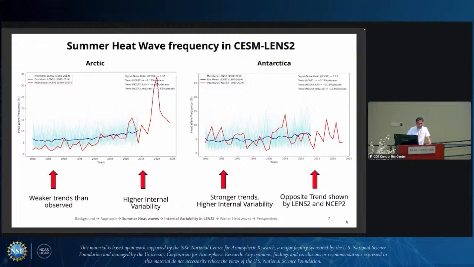For the Arctic summer heat wave trends, they're weaker in Lens 2 than observed based on the NCEP reanalysis 2. Over Antarctica, the trends are stronger, but with very high internal variability. The signal to noise ratio is around 0.25, which is very, very high.